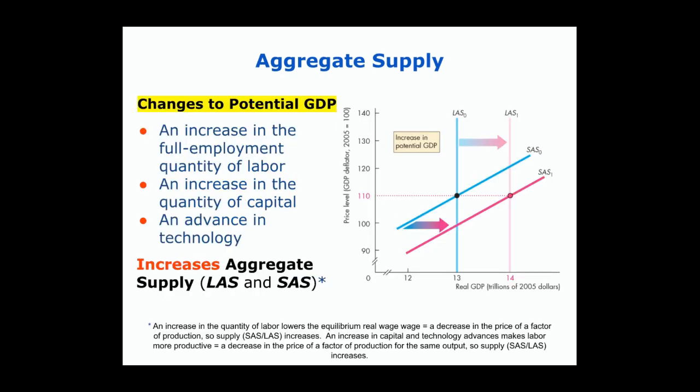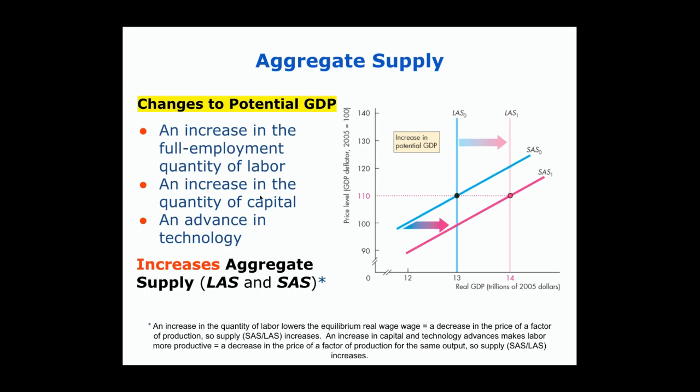And so if we have a change to potential GDP, and we can see here if we have an increase in the quantity of labor at full employment, well, then maybe people are working more hours. The whole long run aggregate supply curve moves out to the right, from LAS to LAS1.